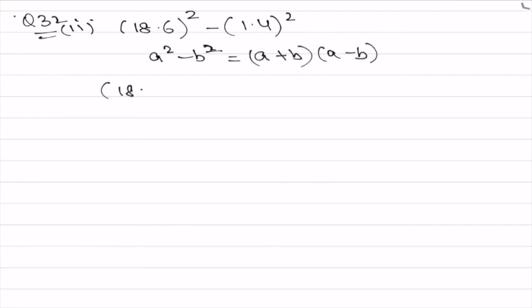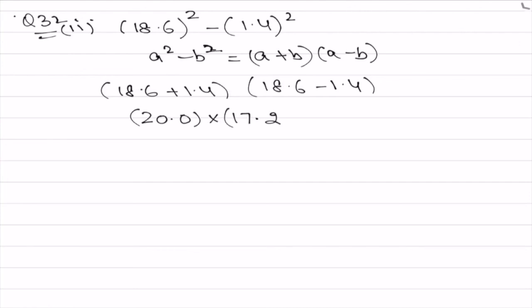So (18.6 plus 1.4) into (18.6 minus 1.4). So we will add, and it becomes 20 into 17.2. So 20 into 17.2 is 344. This is the answer.